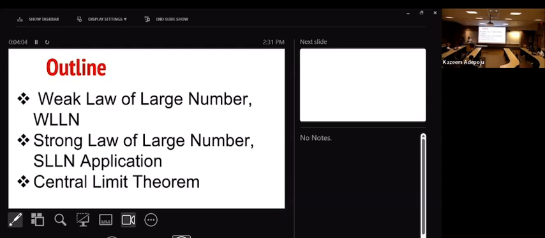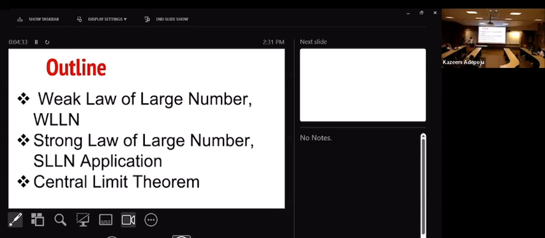So today I'm going to walk you through what is different between the weak law of large numbers, the one that we abbreviate as WLLN, and the strong law of large numbers. Then finally, I'm going to go into today's topic, which is the central limit theorem.